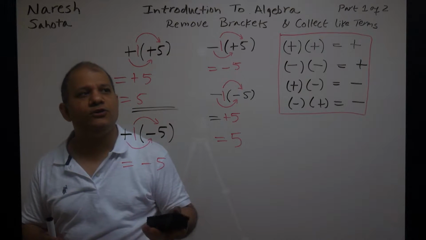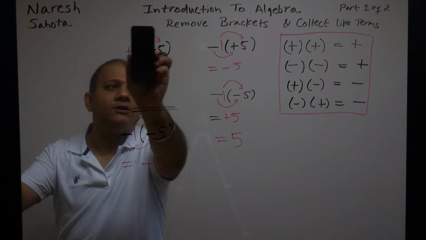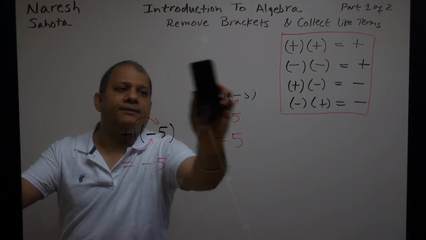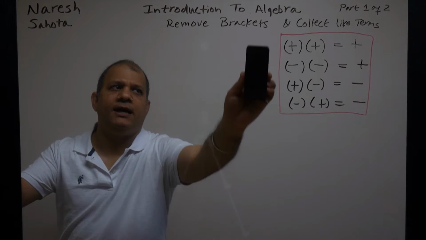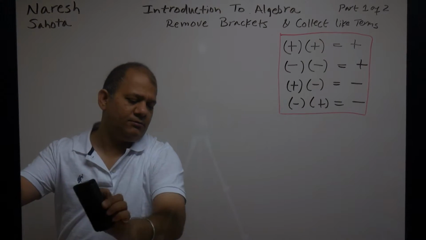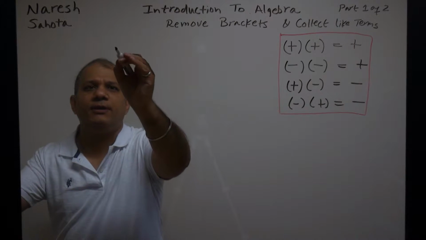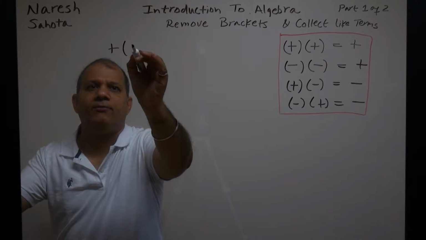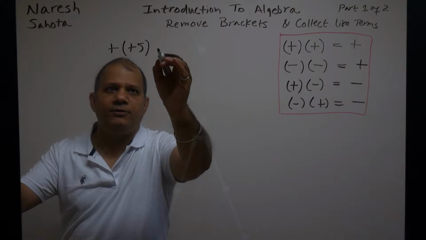So I only used one number to get my concept across. Now let's apply this. It doesn't matter how many terms I have. I can have 1 term, 2 terms, 5 terms. It makes no difference. So I'm just going to make up something. Let's say we have positive plus 5. I'm going to continue with what we have already worked with.